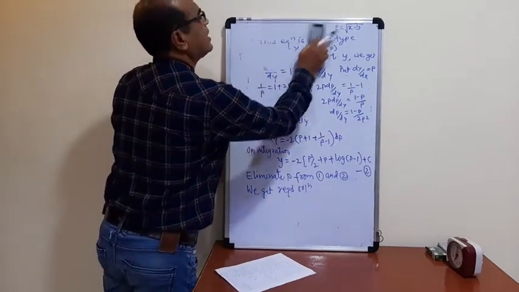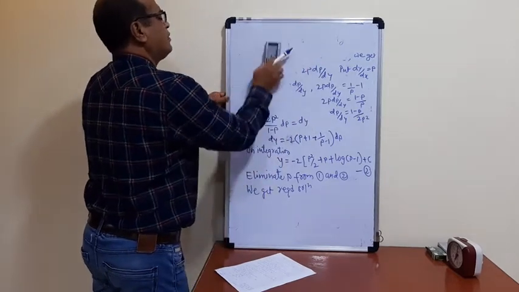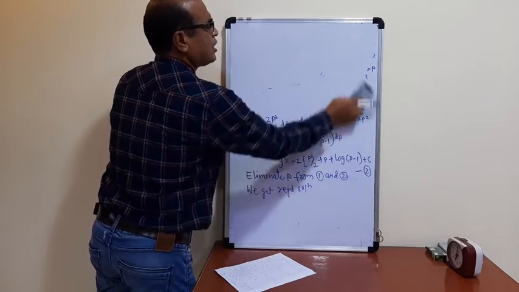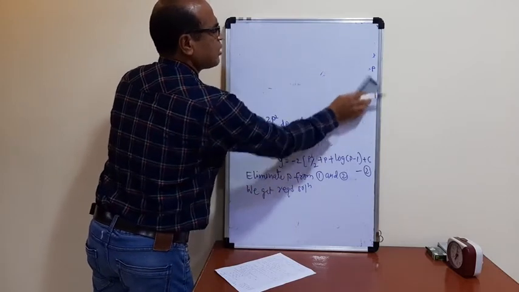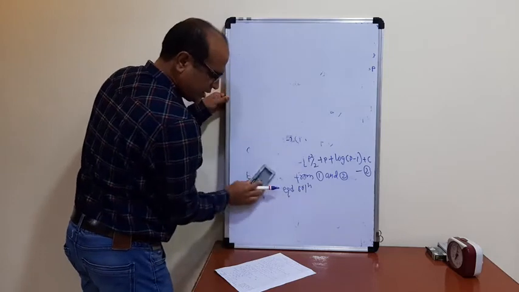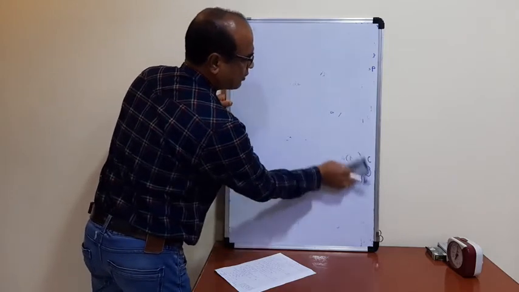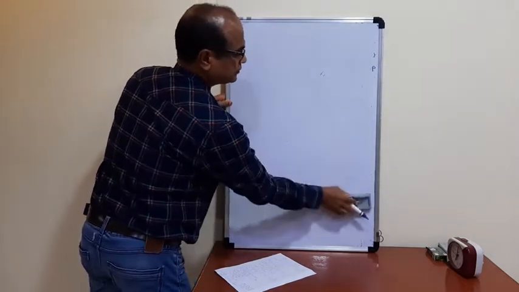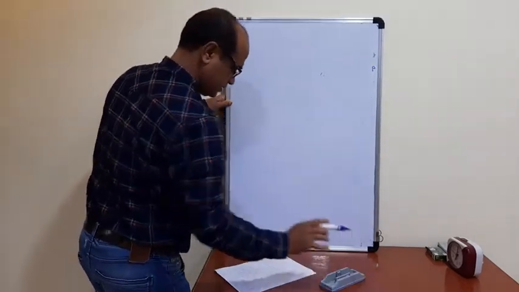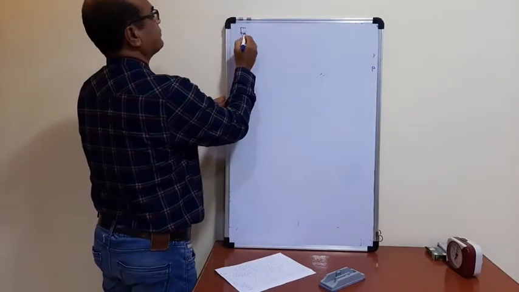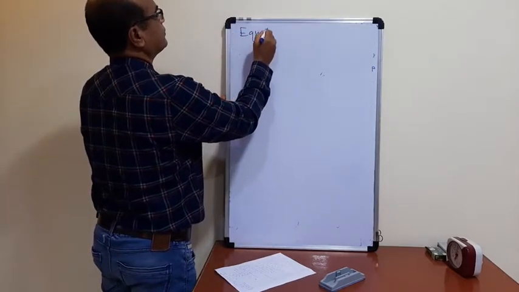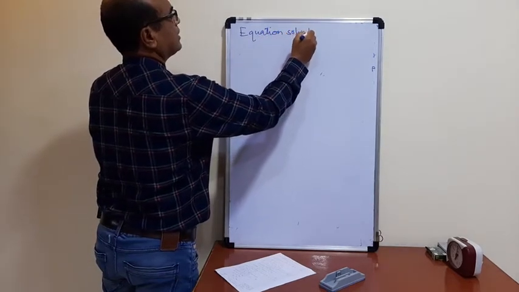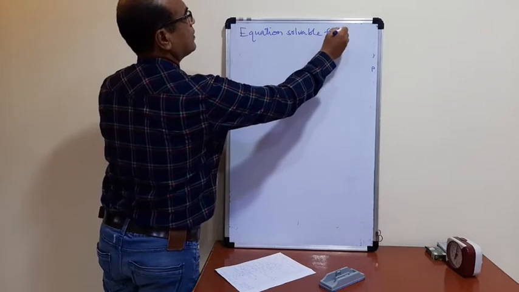Okay. So now we take another form to solve that equation. So this is the equation solvable for y.